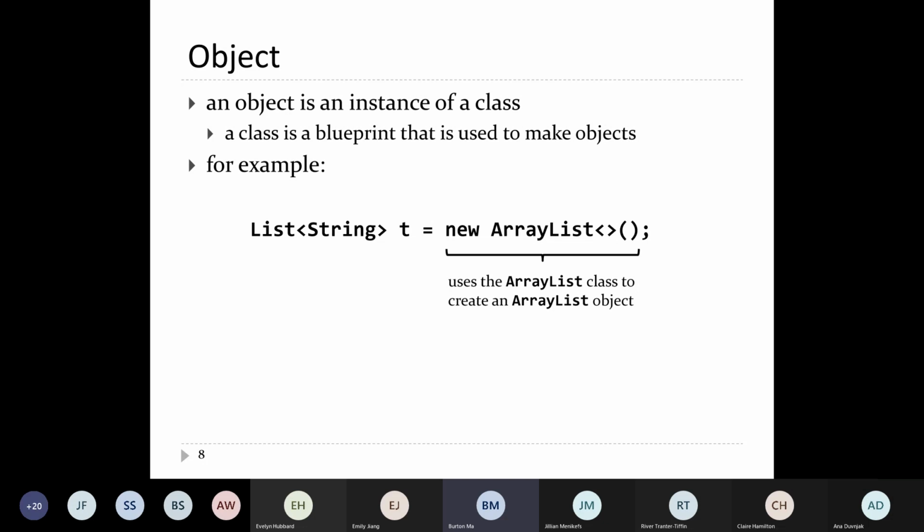So whatever features are in a class, you can think of objects as having all of those features. So if I make a new ArrayList, that creates an object using the ArrayList class. So you have an ArrayList object that is made using that class.